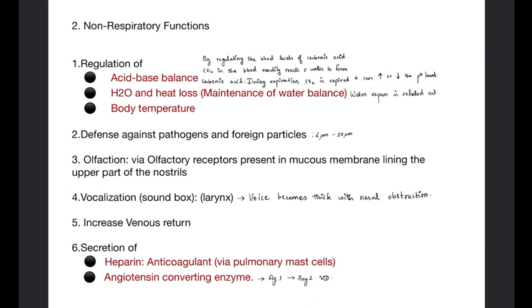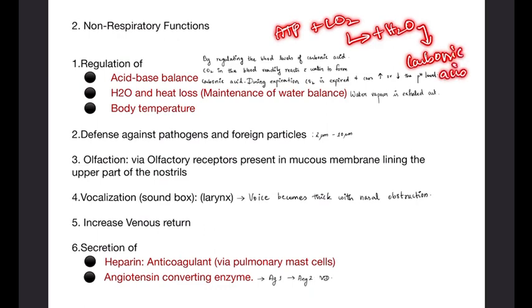I will repeat it once more. When mitochondria convert oxygen by oxidative phosphorylation to ATP and carbon dioxide, this carbon dioxide binds with water to form carbonic acid.